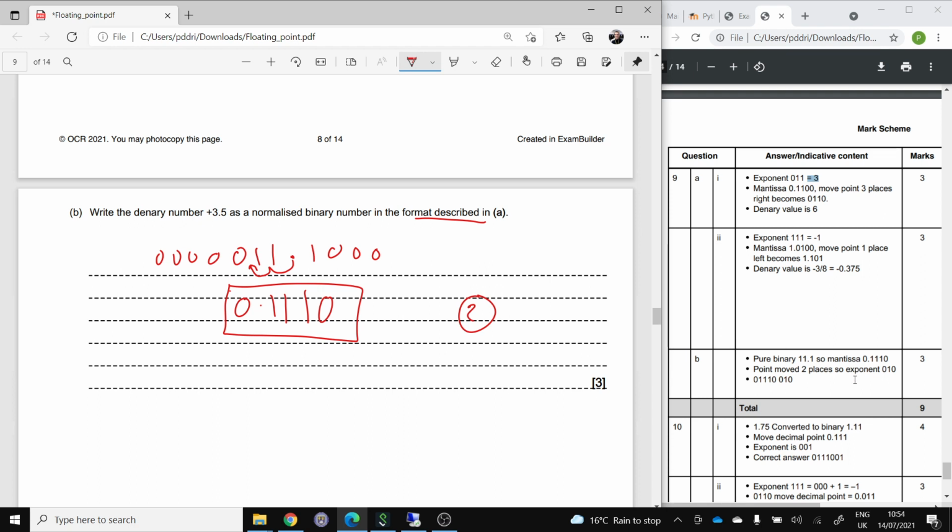So does that make sense? Yeah, have I got that right? Yeah, okay. So what is the exponent as binary? So 2 as 3 bits, 2's complement is going to be 0, 1, 0. So the final result is going to be 0, 1, 1, 1, 0. That's the mantissa, and then 0, 1, 0 for the exponent.